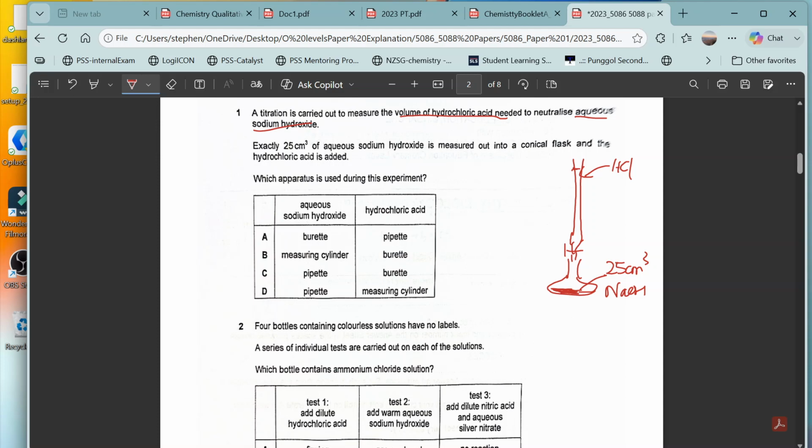So this is neutralization. HCl added to sodium hydroxide. So which apparatus is used during this experiment? From what I can see, it is the pipette, right? So the pipette is used to measure the sodium hydroxide, and the acid is added into the burette.